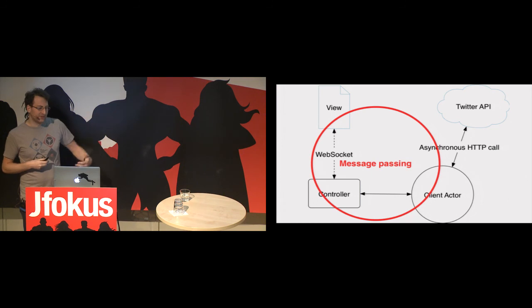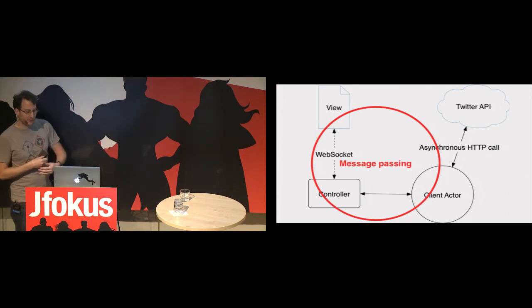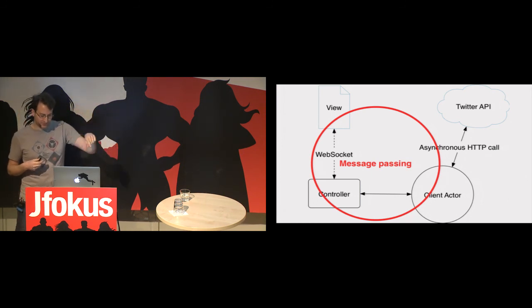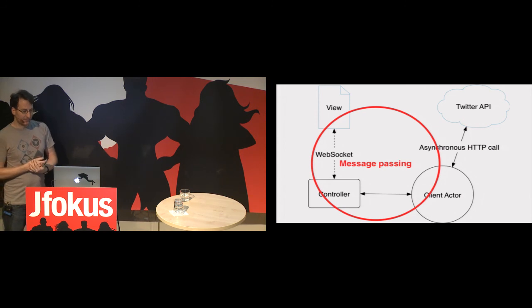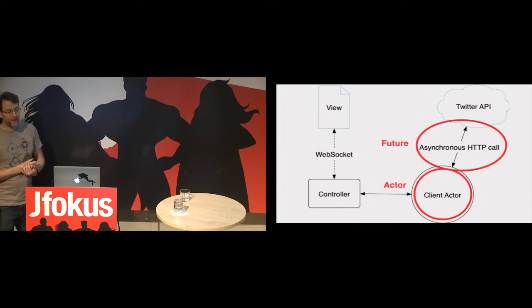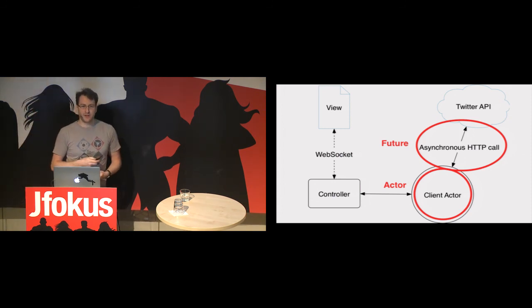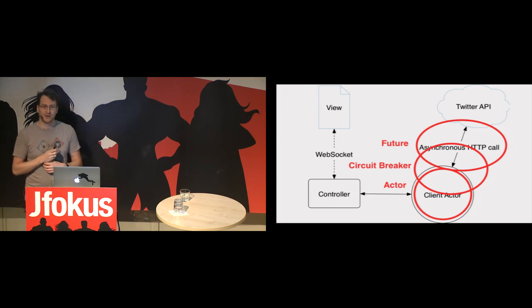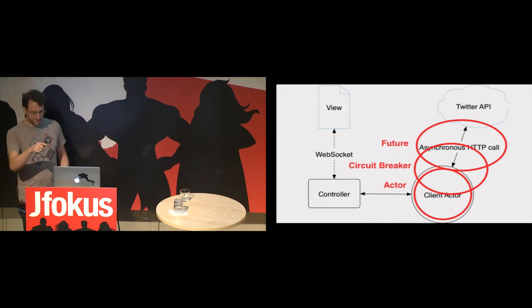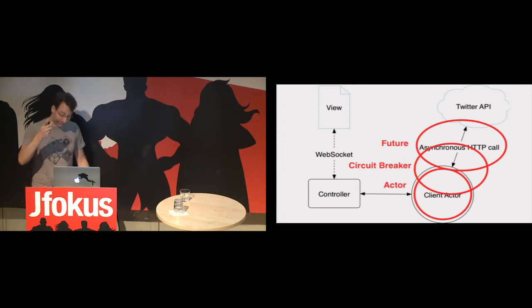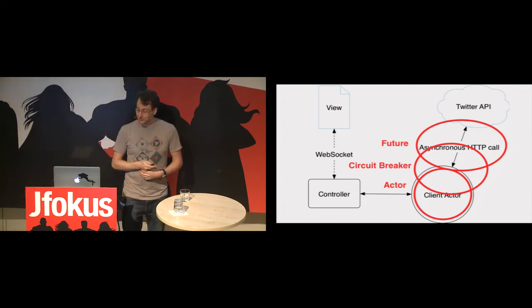This is where message passing is happening. So we have message passing in WebSocket and message passing around the actor. Then we have the concept of a future in a call that we're doing over the REST API to Twitter. And then there's another beast I want to talk about, called a circuit breaker, that's happening between these two. I could go on and on, but I don't have enough time, so that's what we're going to look at today.